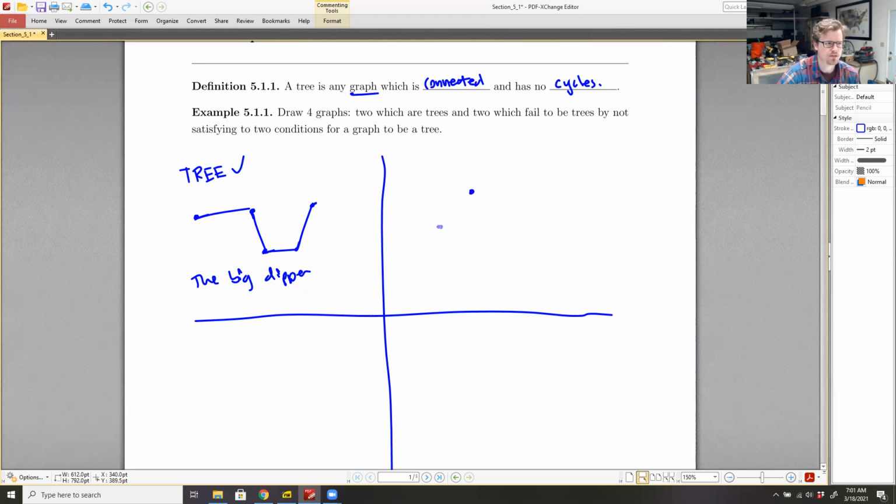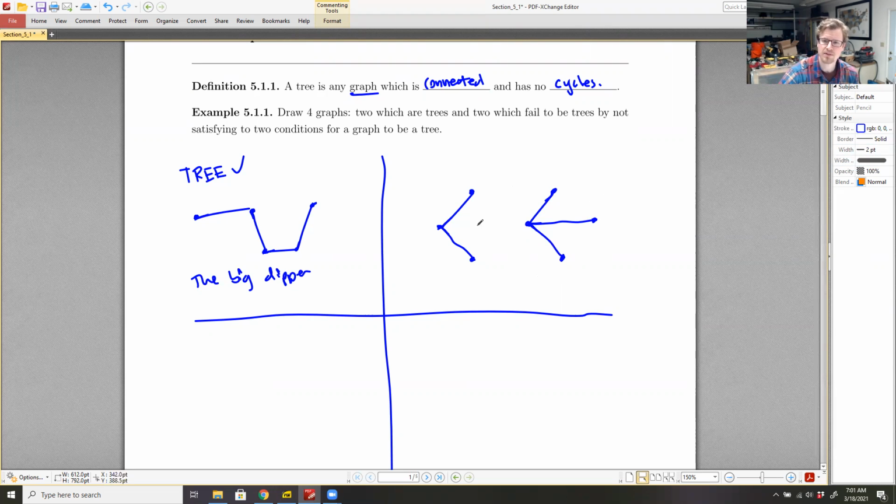So let's go with this collection of 7 vertices. So I'm going to connect these guys like that and join these ones here. There we are. And this, as it sits, is not connected, right?